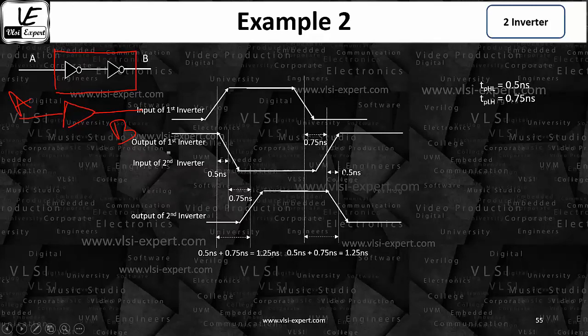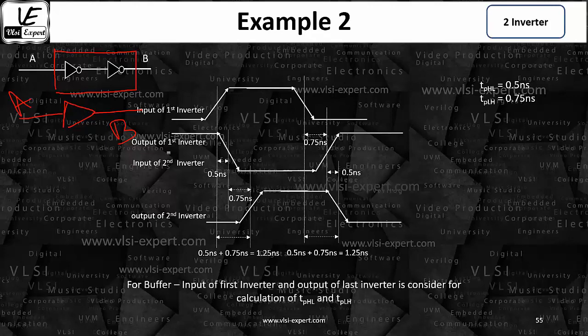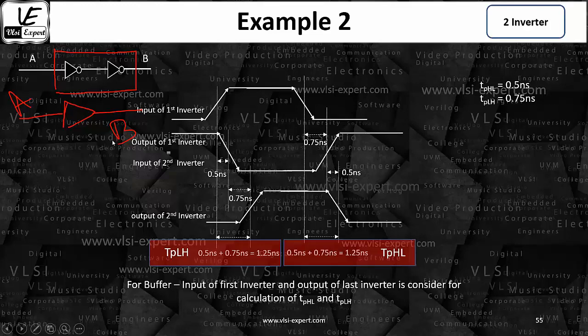This value is basically TPHL, because the output is high to low, and this value is considered as TPLH because this is low to high. So for this particular buffer, the TPLH and the TPHL are both the same.